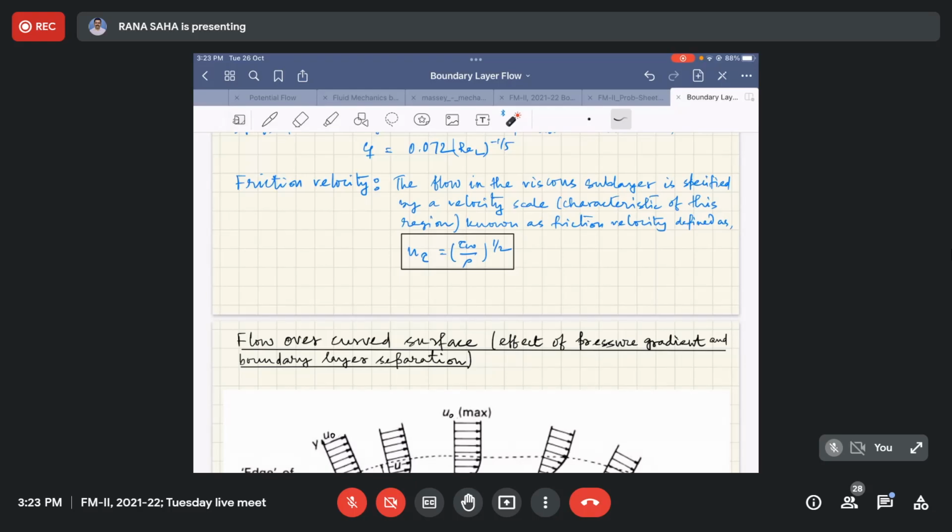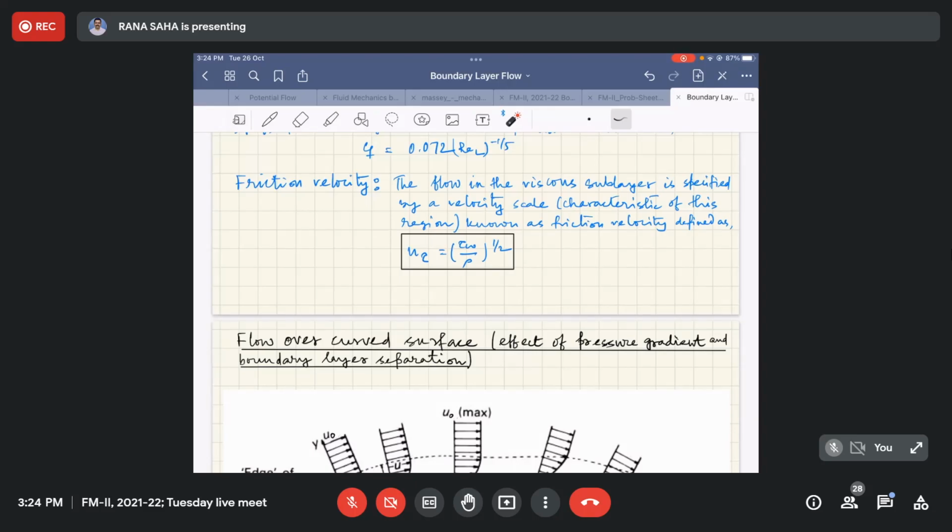So in order to define this viscous sublayer, again some characteristic velocity that is known as friction velocity is being defined in terms of wall shear stress. So these form the analytical part of boundary layer flow in order to find out the shear stress on the wall.